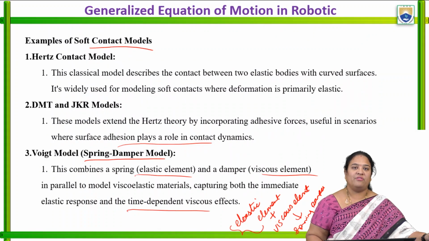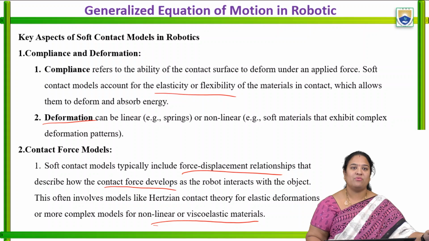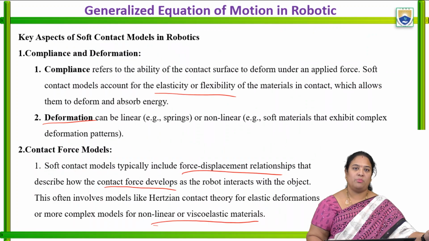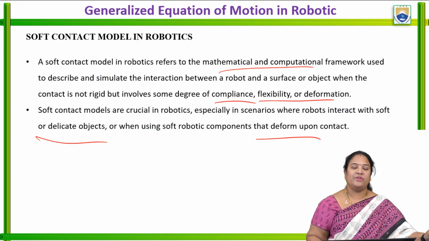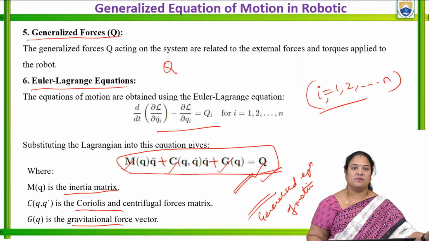And we have come across the various key aspects of soft contact models, that is compliance and deformation, contact forces, friction models, energy dissipation, and surface properties. We have also given a brief introduction about soft contact models in robotics and external forces used in robotics.